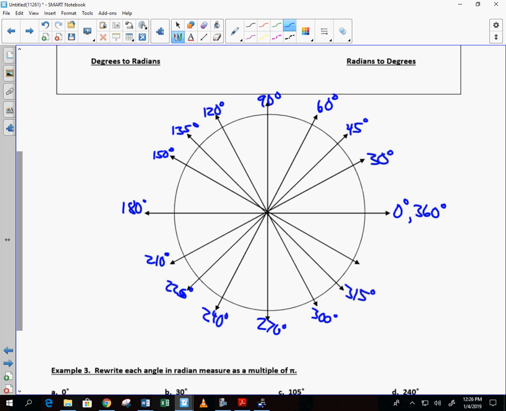And 60 degrees past that is 330 degrees, all the way around 360. Any questions how we got those?